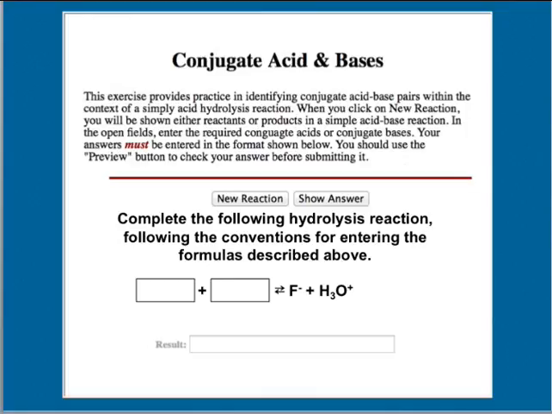Well, when you enter this online, look at the order that they're done, fluoride and hydronium, and you want to enter that same order on this side, because that's just the way it was. So, let's fill in the species that are on this side of our reaction.